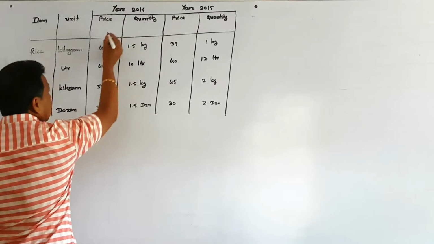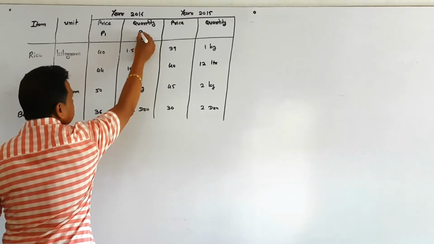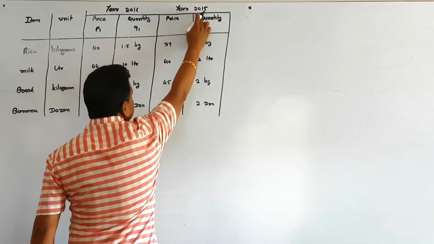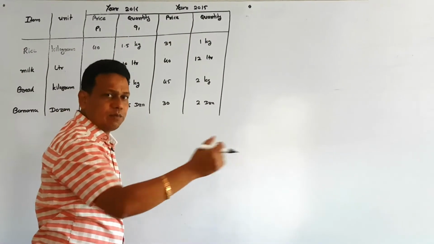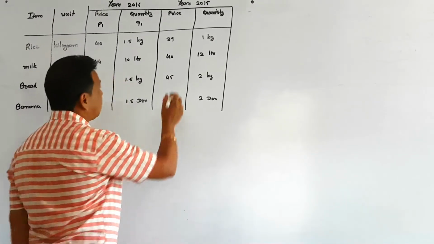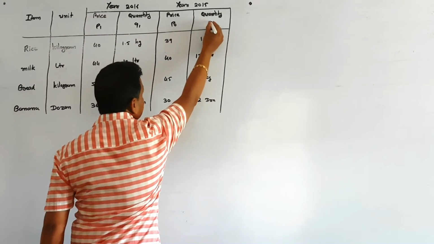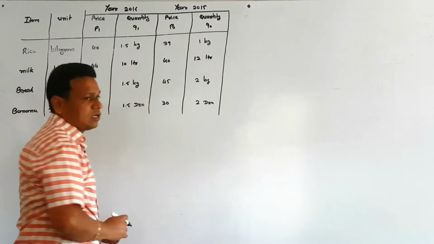The price of the current year is known as P1 and the quantity of the current year is known as Q1. 2015 is your past year, and the past year is taken as the base year. The price of the base year is known as P0 and the quantity of the base year is known as Q0.